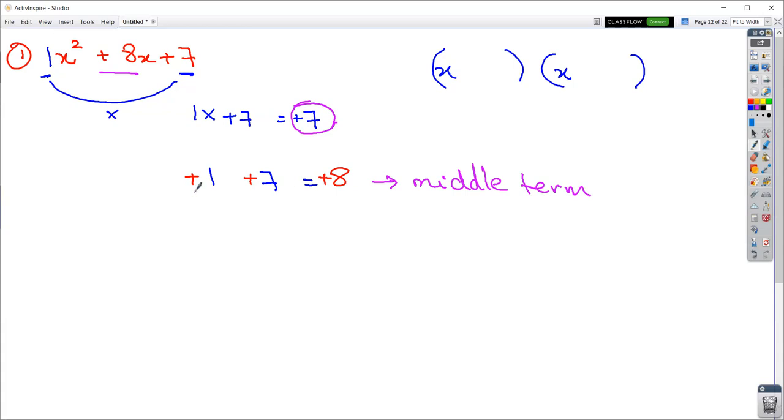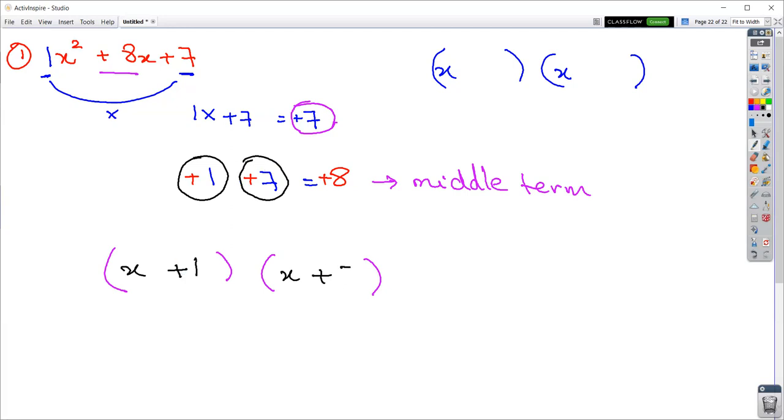With this one, we have used plus 1 and plus 7. As I said, this factorization would be in a two-bracket form with the x written in both brackets. The two numbers that we have are plus 1, which I'm going to write down in the first bracket, and plus 7, which I'll write down in the next bracket.